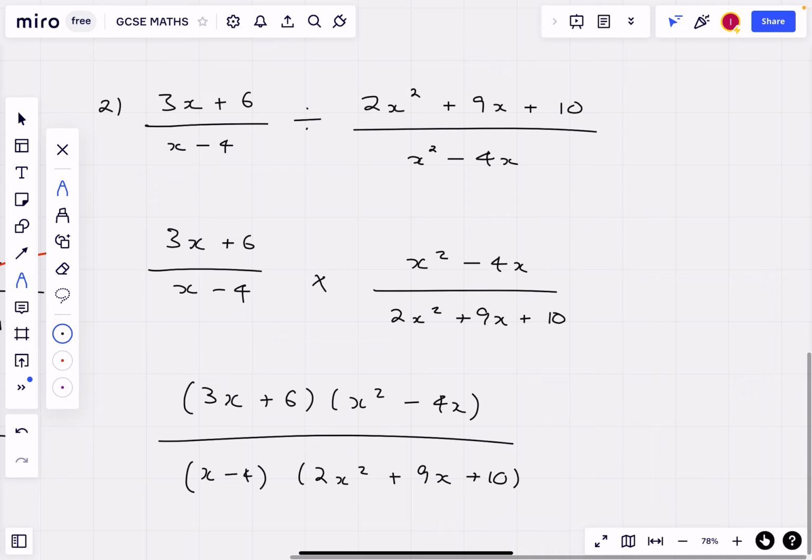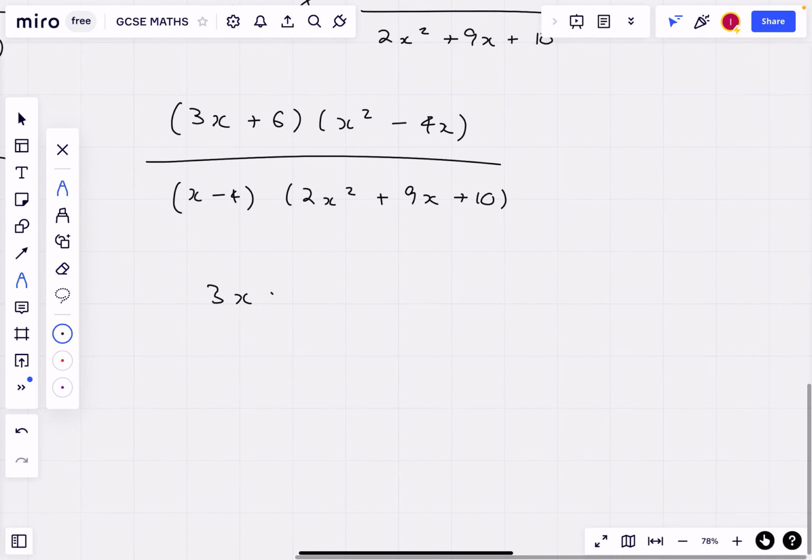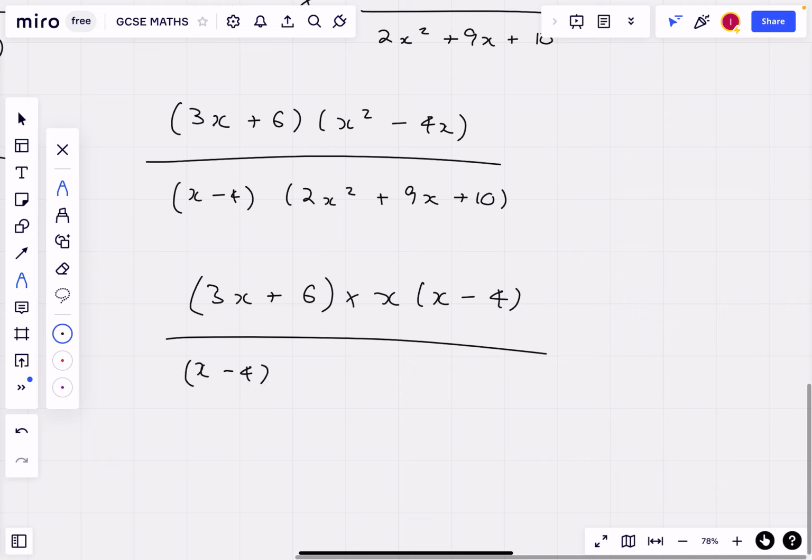You can factorize it before and then multiply. That works too. So when I do that, I get x bracket x minus 4. So let's just put a times there. And the denominator should be 2x plus 5, x plus 2.